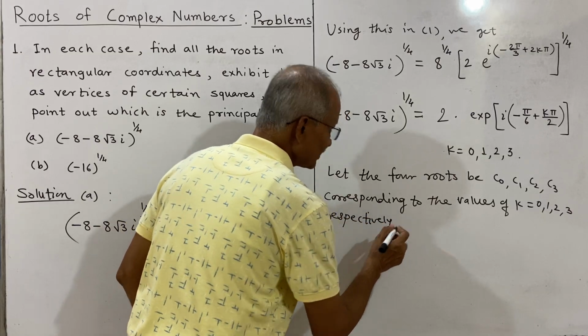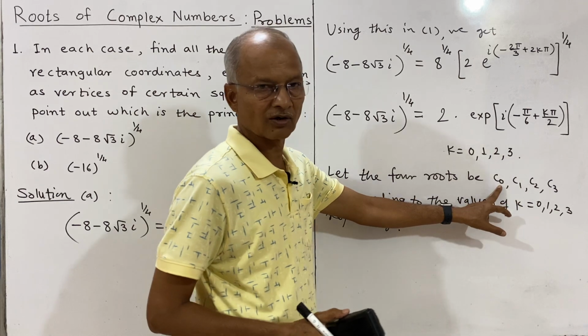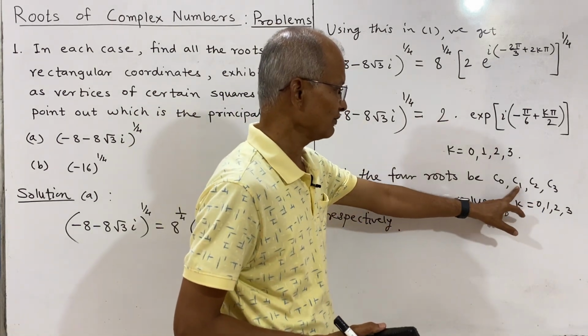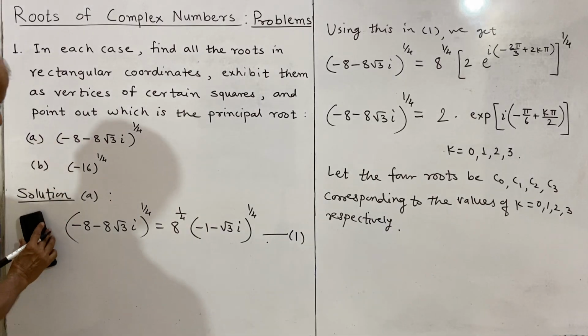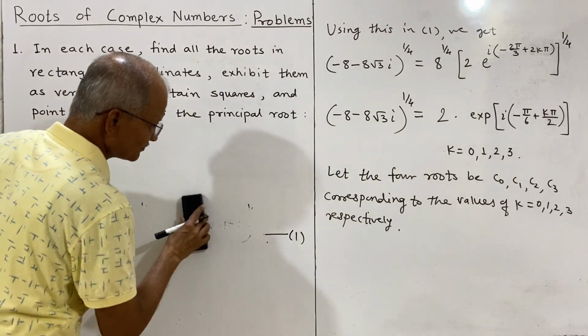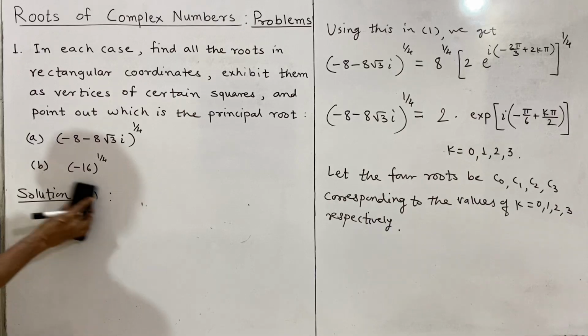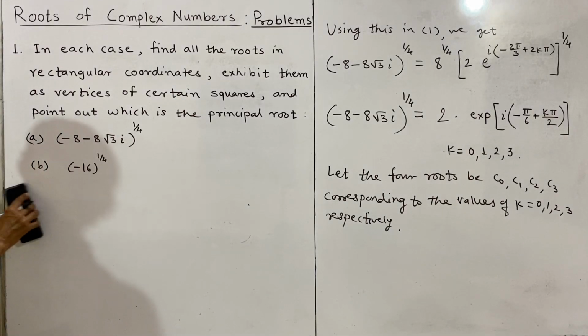That means if you put k equal to 0, we will get C0. Put k equal to 1, we will write the root as C1 and so on. So put k equal to 0 first to get C0.